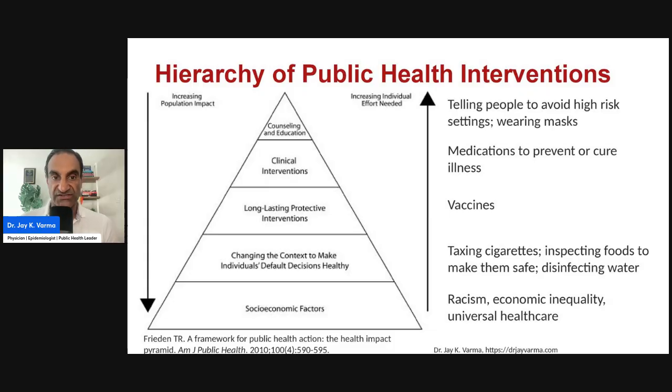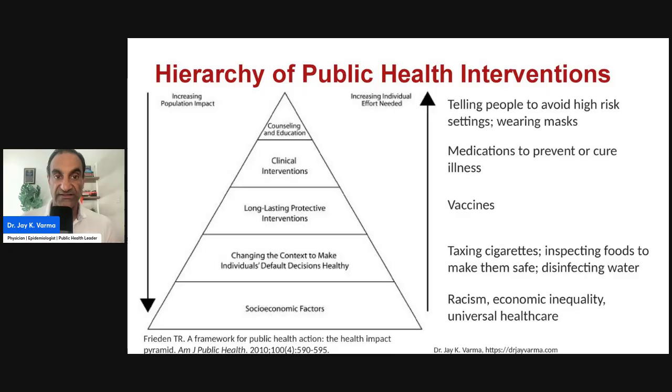This credit goes to Dr. Tom Frieden, former director at CDC, for proposing this framework in a paper he wrote in 2010. What you see here is a pyramid, described as a hierarchy of public health interventions. At the bottom of this pyramid, we have those interventions that have the biggest population impact.